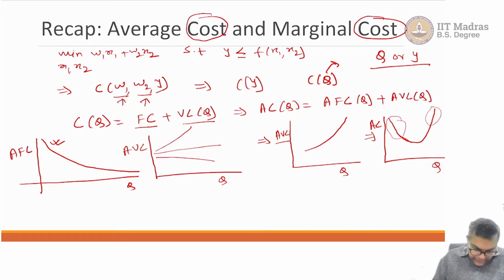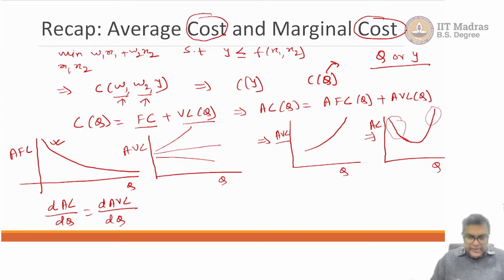Further we had obtained how average cost varies with quantity, and we had said this is also equal to the marginal cost version. You will get exactly the same in both cases. So we will use only one of them: this is going to be equal to 1 by Q times (marginal cost minus average cost).